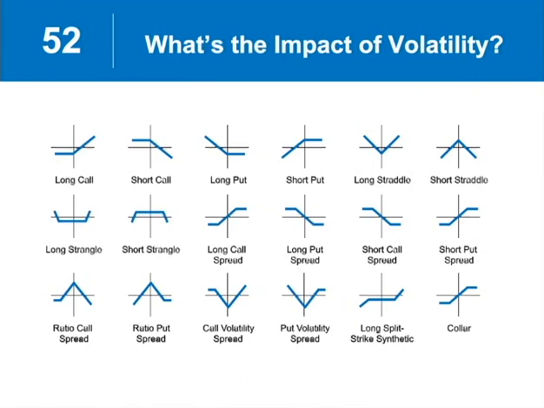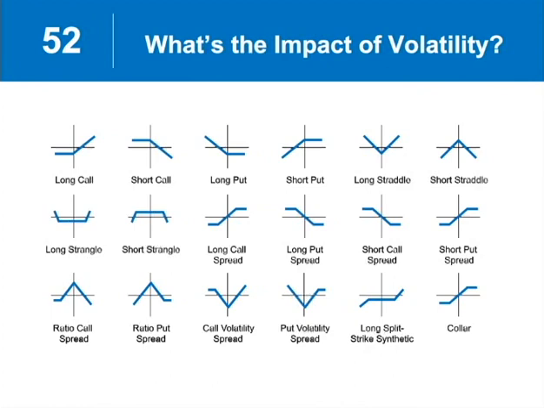Notice the difference. You've got that horizontal line that covers the difference between the strikes in the strangle position, because you're talking an out-of-the-money call and an out-of-the-money put, versus you can see that 1 point with the straddle, because both the call and the put are at the same strike.